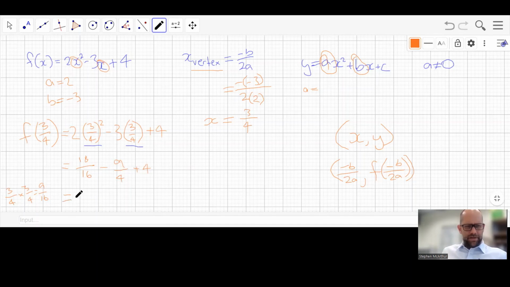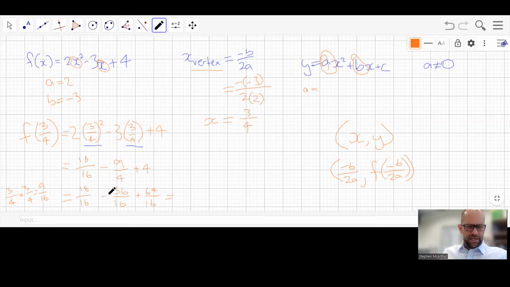And a little bit of jiggery-pokery with the denominators would give us 18 over 16 minus, I can multiply top and bottom by 4, and I will get something over 16. 9 times 4 must be 36. Plus, remember there's a denominator of 1 if I need it, I can do 64 over 16. That's true.